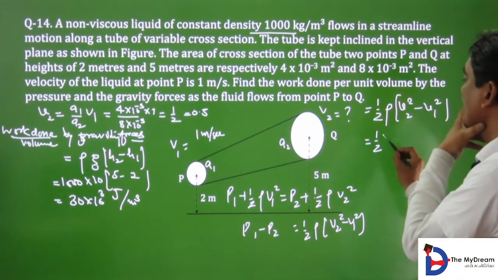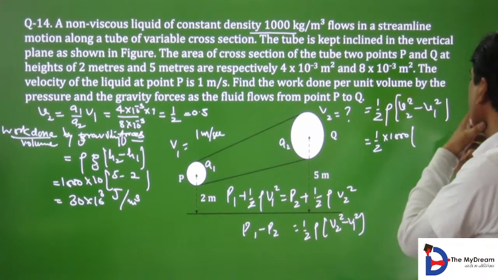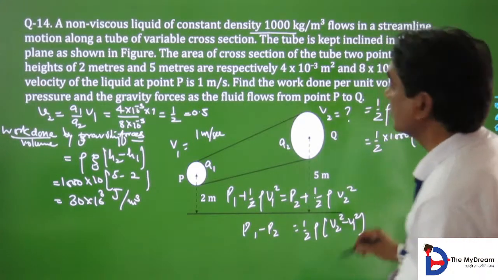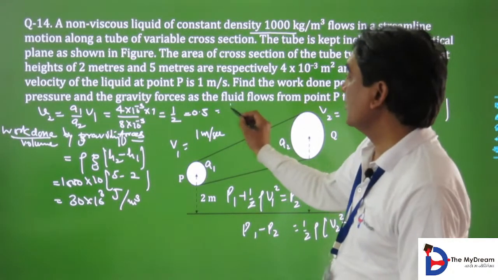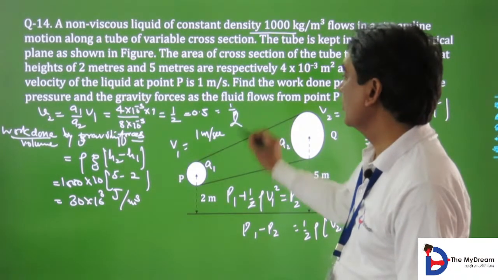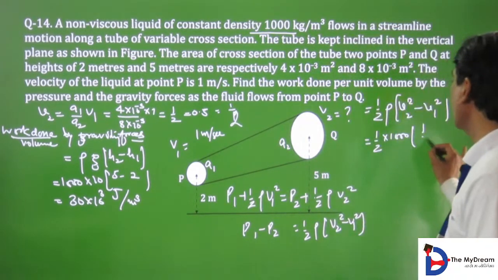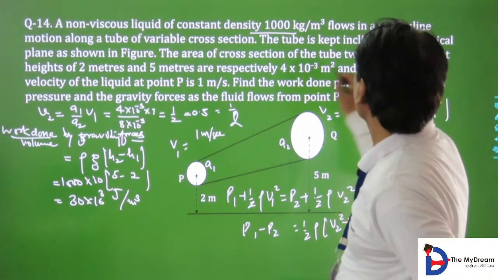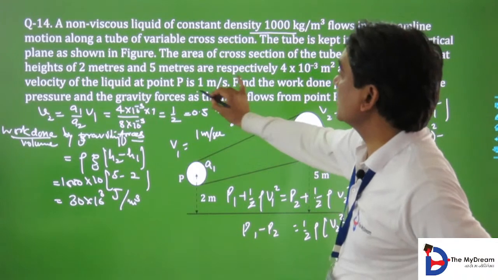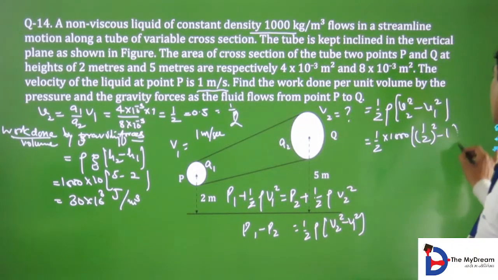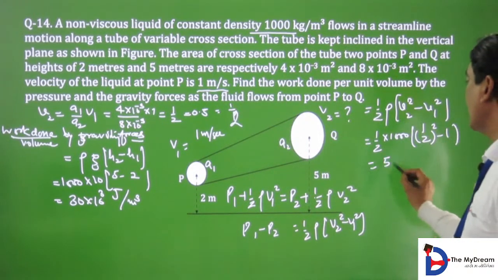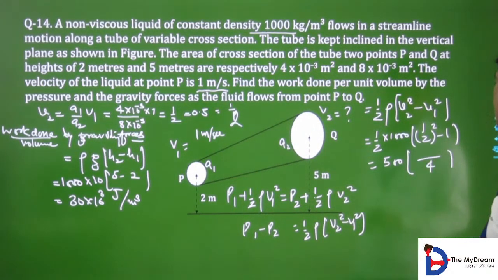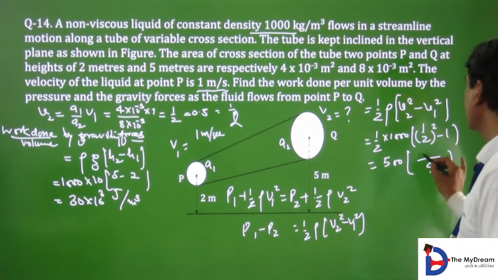This is 1000, V2 is 1 by 2, so you can write 1 by 2 squared. V1 is 1. This is 500, 1/4 minus 1.